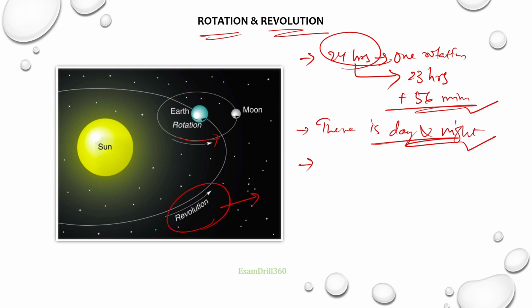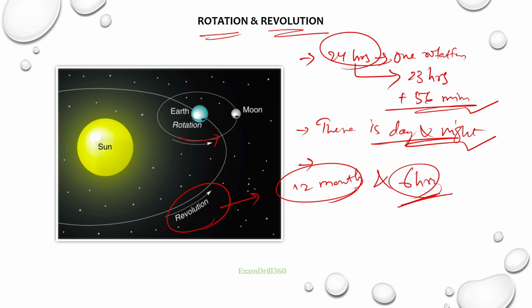Let's see about revolution. Revolution is the movement of Earth around the Sun in an elliptical orbit. So how much time does Earth take to complete one revolution? This is exactly 12 months, meaning 1 year and 6 hours. And this 6 hours, over the fourth year, adds up to 24 hours.